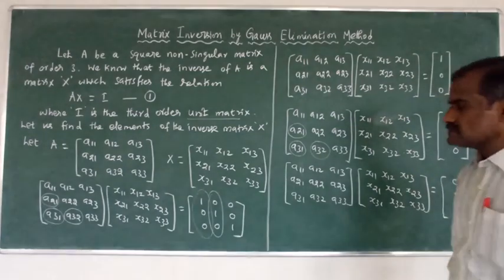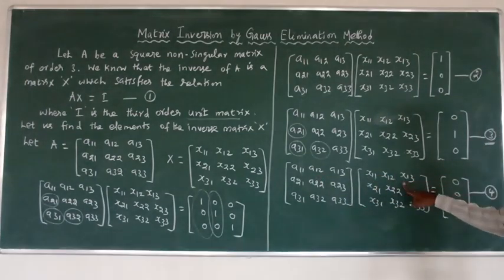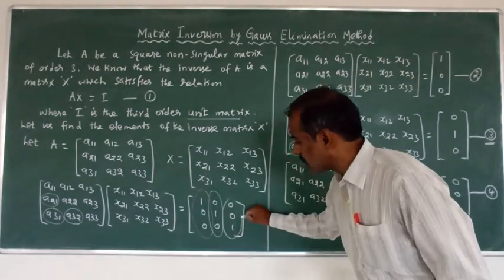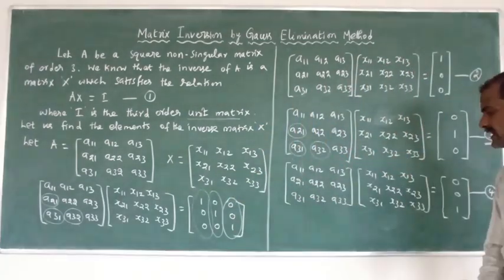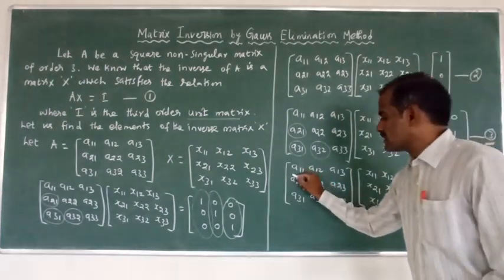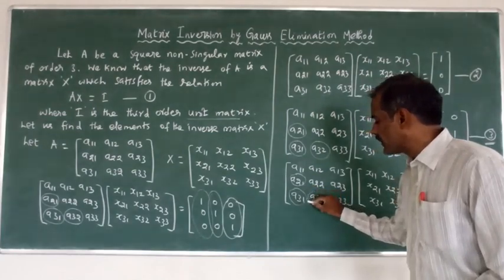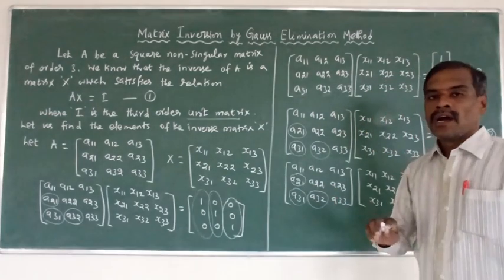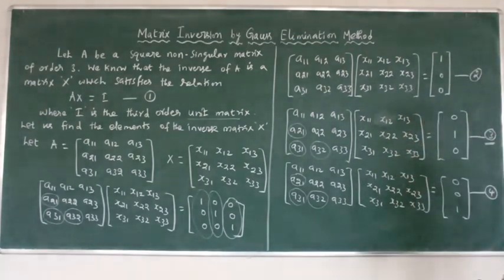Next, this is for A and this is for X, and we take the third column of I. Again, the same thing: A21, A31, A32 are already zero by the Gauss elimination method.